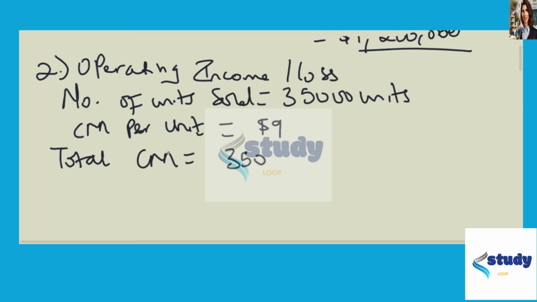Basically, multiply the number of units times the contribution margin per unit. So 35,000 units multiplied by $9, and that will give you $315,000. So, and we're going to less the fixed cost.